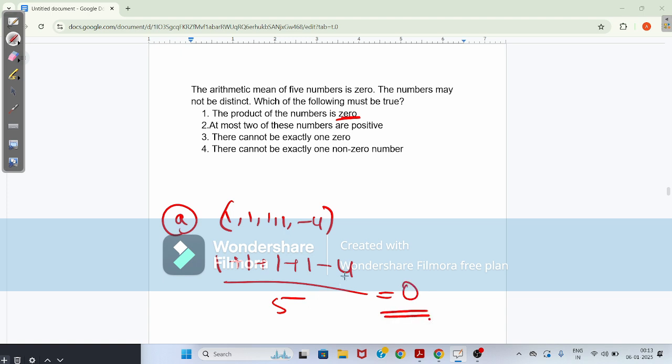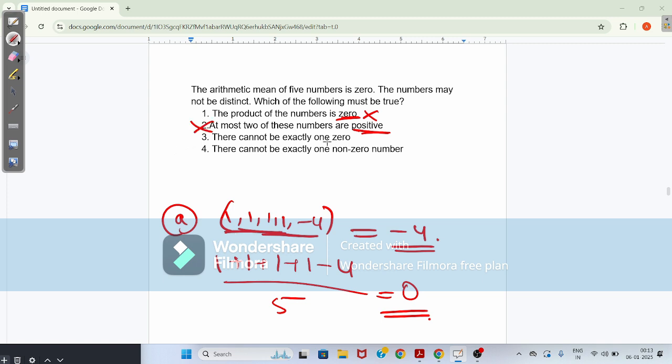Now what is the product for this? That is minus 4. So the product of the numbers is not 0, so this is not the correct option. At most two of these numbers are positive: we have taken 4 numbers as positive, so this is also not the correct option.